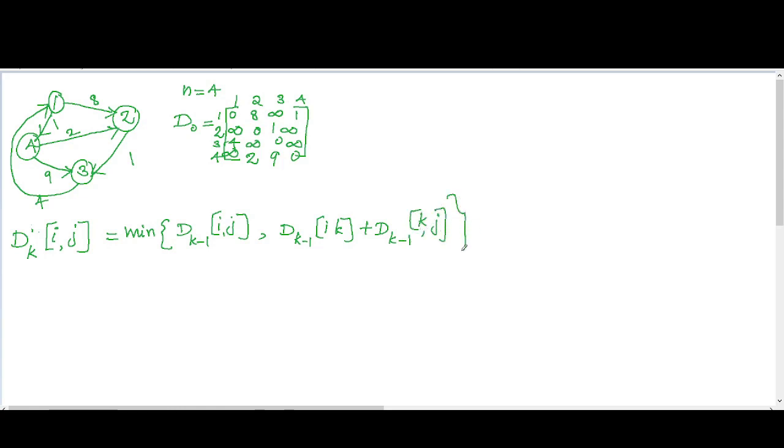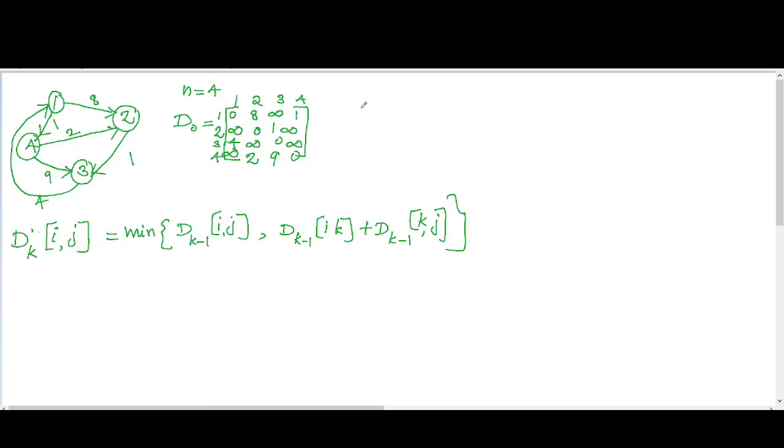This is the formula here we are applying. We have to find the minimum of these two values. Here dkij is the minimum of dk minus 1 ij, dk minus 1 ik plus dk minus 1 kj. So, here k is the intermediate vertex. So, in each stage we have to take the intermediate vertex. At first we are going to find D1.